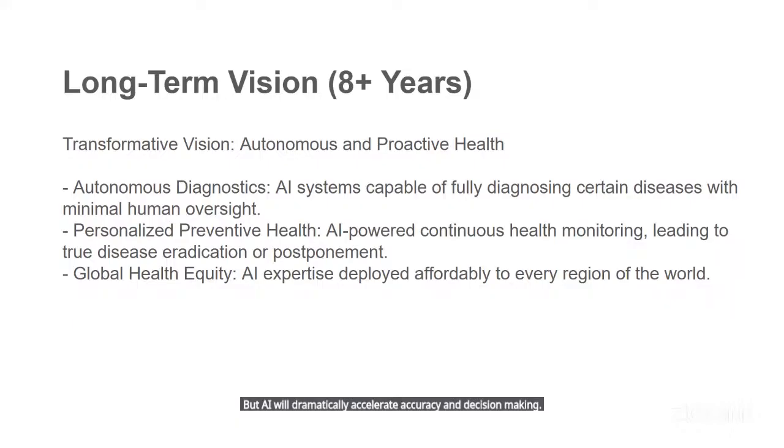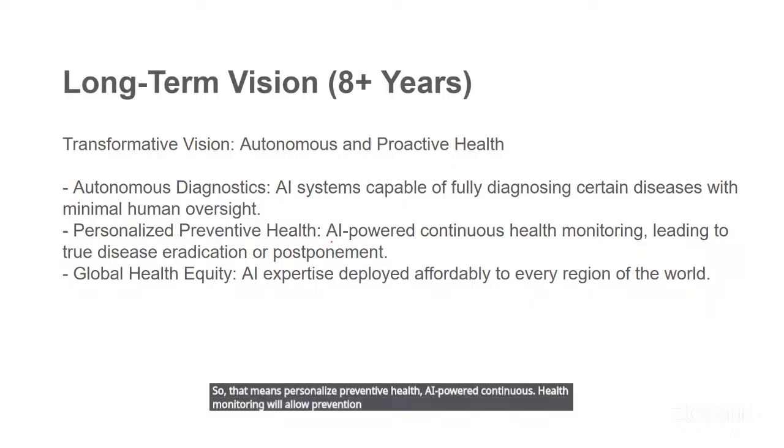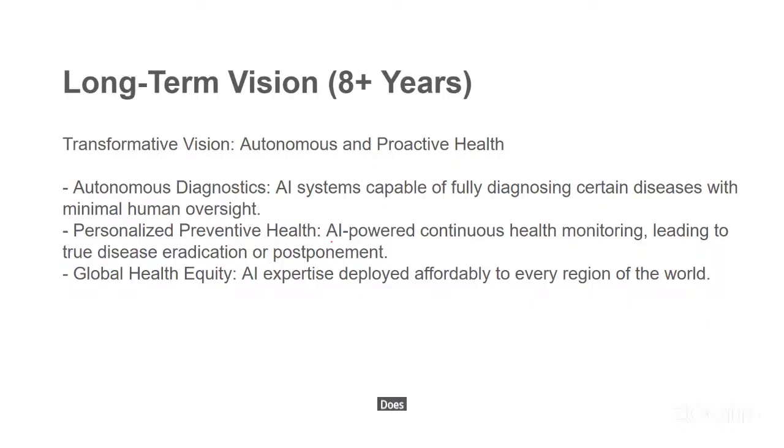So that means personalized preventive health. AI-powered continuous health monitoring will allow prevention strategies to be tailored to each individual. So this means personalized risk predictions, early intervention, and in some cases, disease prevention or significant delay in disease onset.